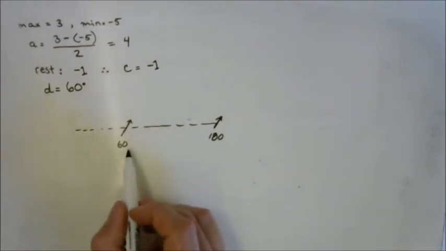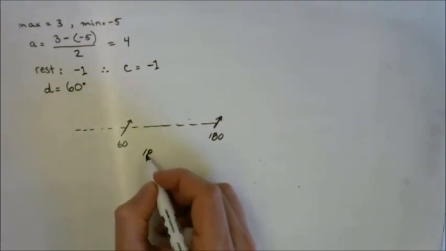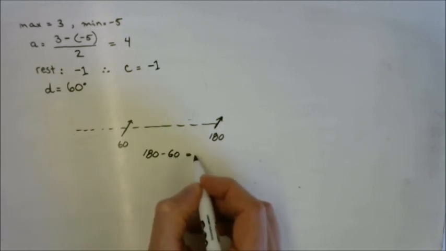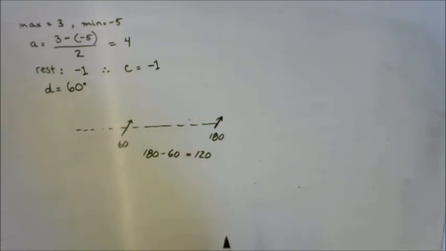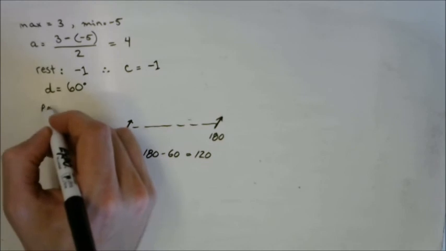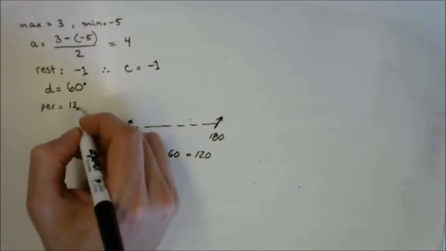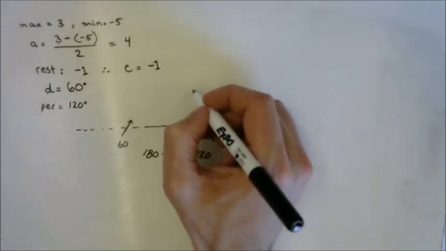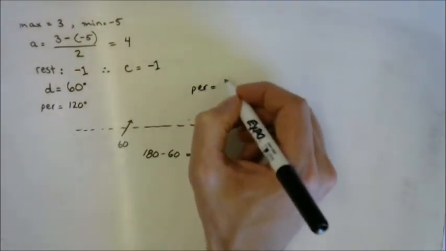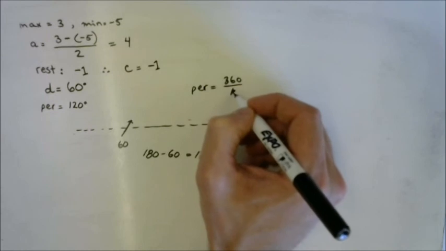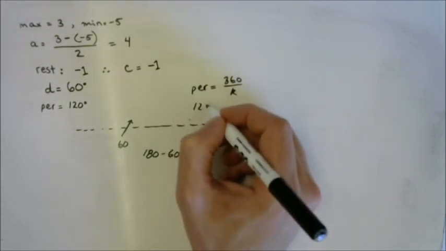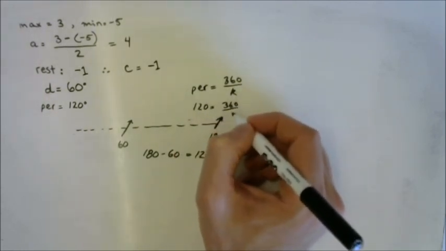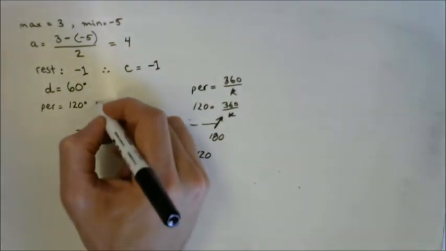So then one period length is 180 minus 60, which is 120. Okay? So if a period is 120, do you know off the top of your head what K must be? If not, then you can do it like this. You've got period equals 360 over K. 120 equals 360 over K. K equals 3.